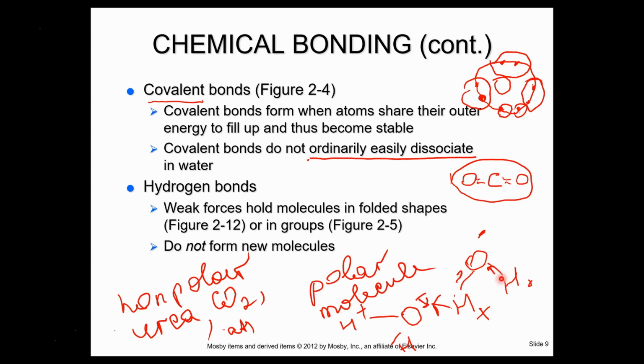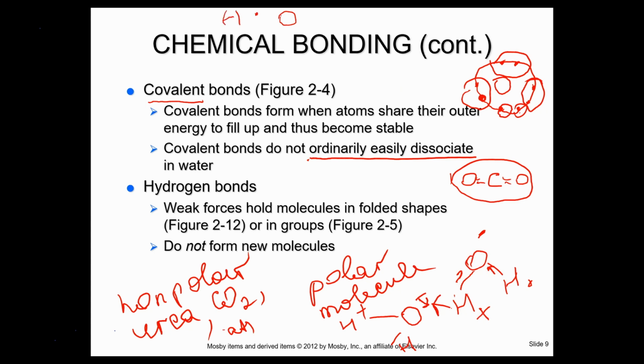So they are at an angle, which in turn creates polarity of the molecule, because the hydrogens will have more positive charge, and oxygen will have more negative charge because it pulls the electrons to itself, right? So let's say if we look here, I'll just draw oxygen here, and here's hydrogen.